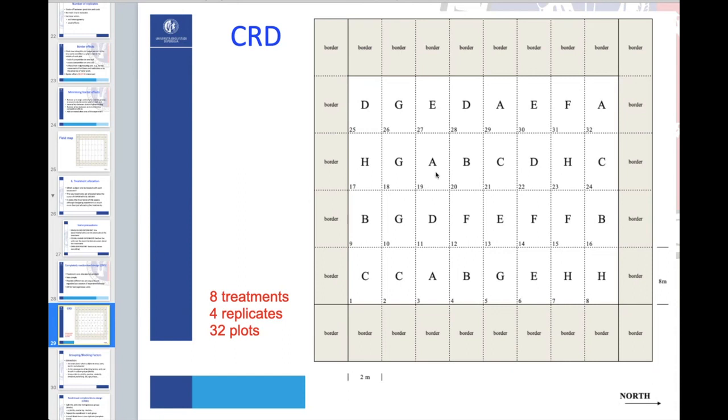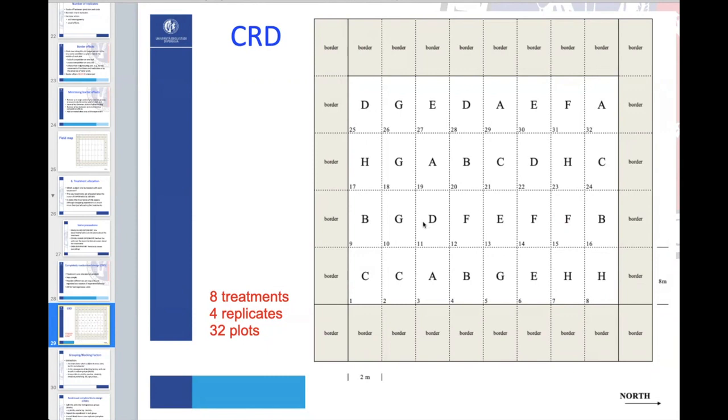For example, the treatment A has been assigned to plot number 3, plot number 19, plot number 29, and, here we go, 32. So we have 4 plots treated alike, 4 replicates. We have 8 treatments, 4 replicates, 32 plots. That is exactly the size of this experiment. Everything is allocated totally at random.